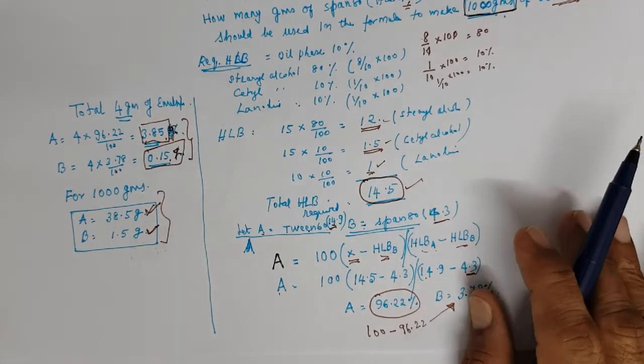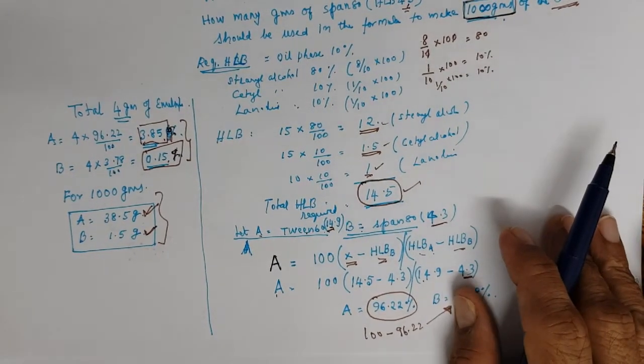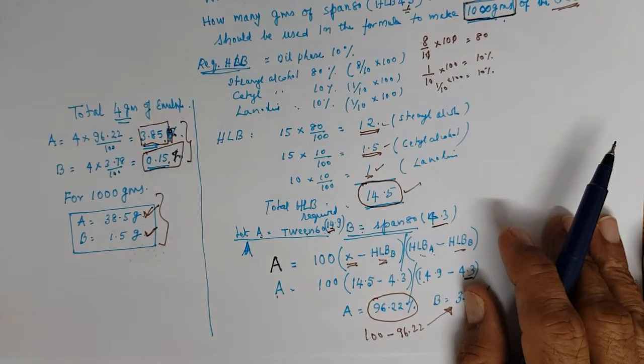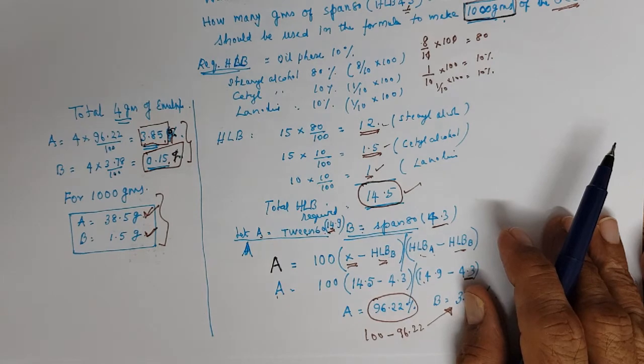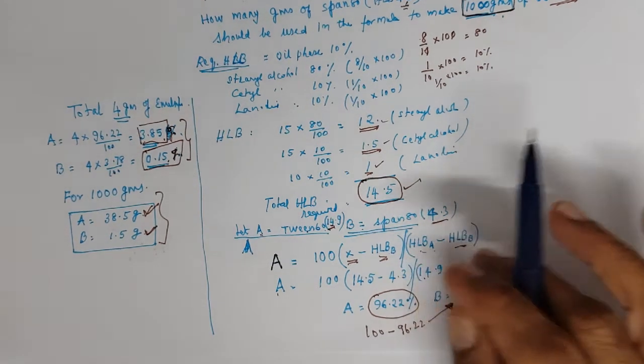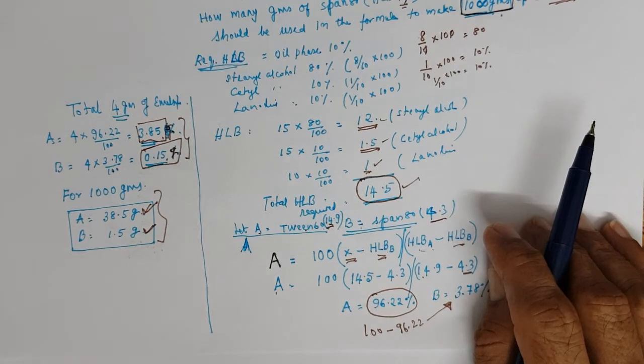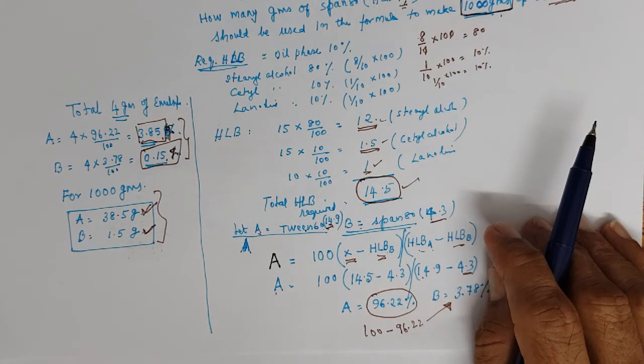First of all, calculate the HLB required for the formula. Then what are the emulsifiers you are going to use, right? What is the HLB of the emulsifier, right? Then use this formula to find out how much ratio you can use of both emulsifiers.